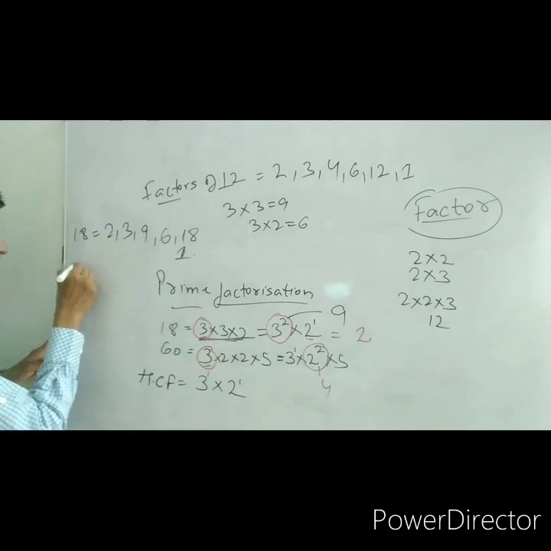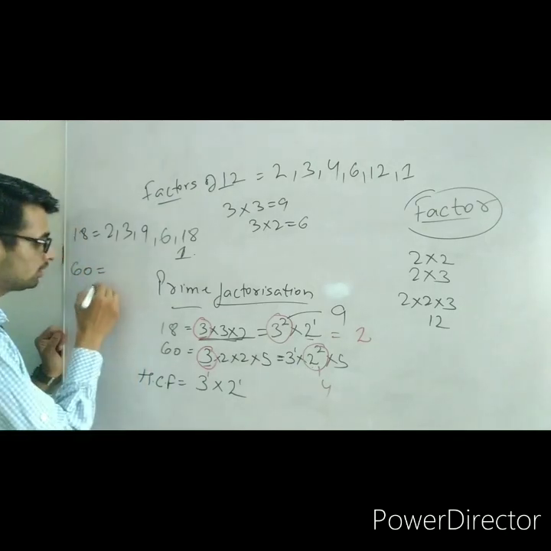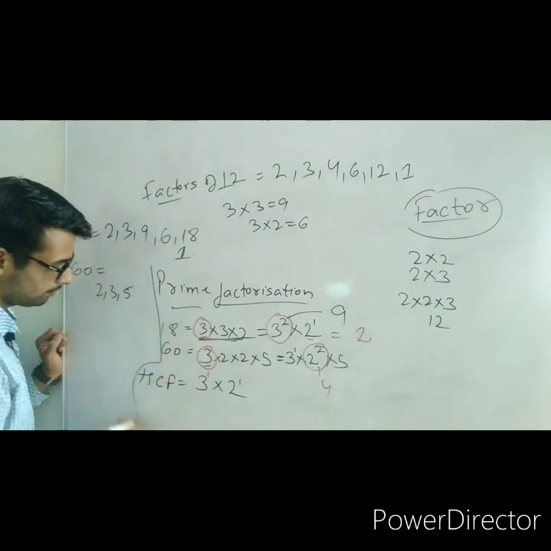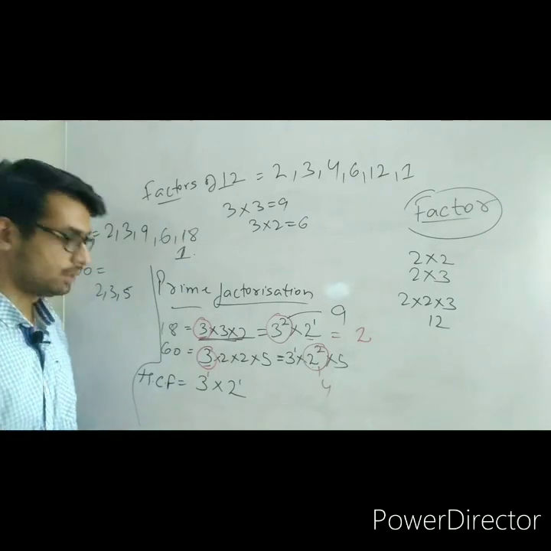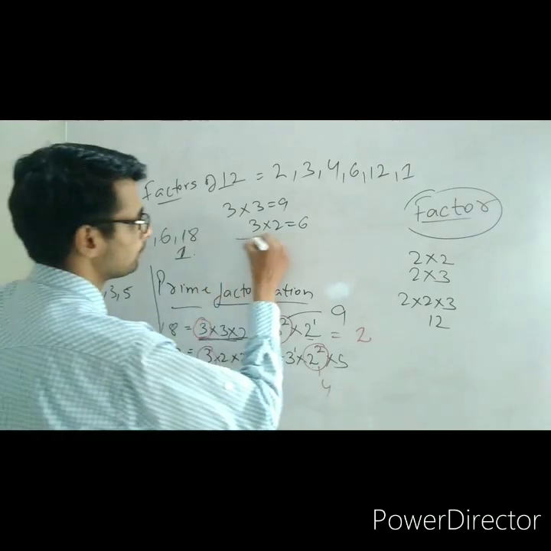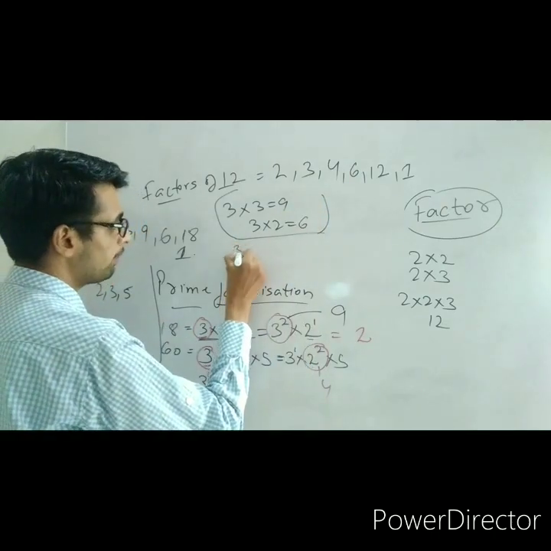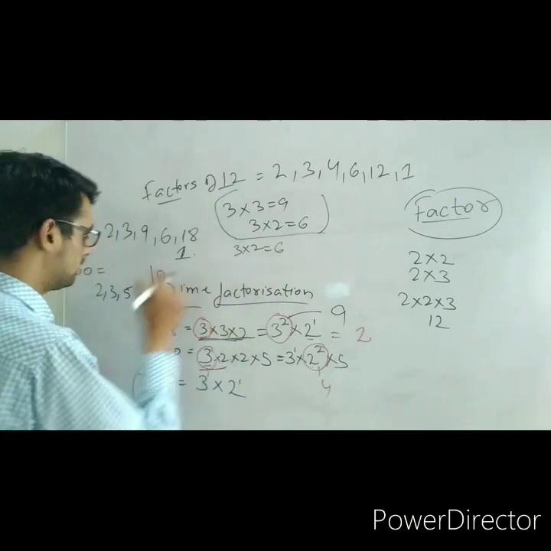Now for 60. First of all, the different prime numbers, which are 2, 3 and 5. Now different combinations of 2 numbers. 3 multiply 2, which is 6.